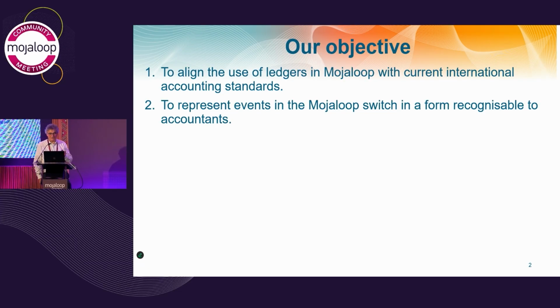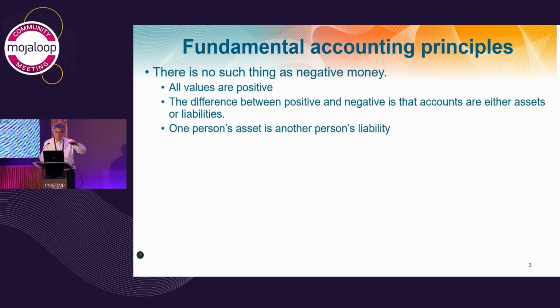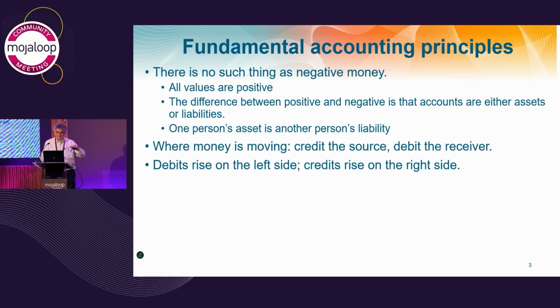If I credit a liability account, I increase its value. So effectively, liabilities and assets are balancing each other out. So making an asset more negative and making a liability more positive are both increases. And crediting an asset account reduces its value.